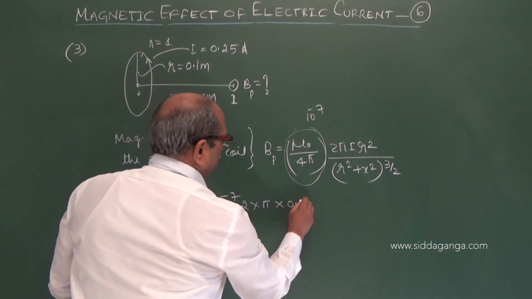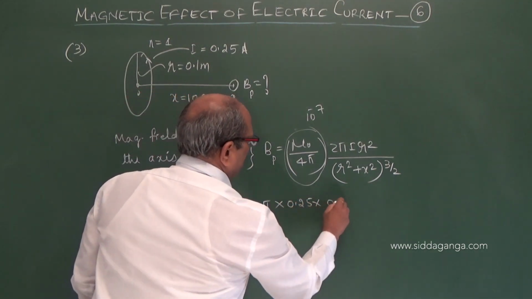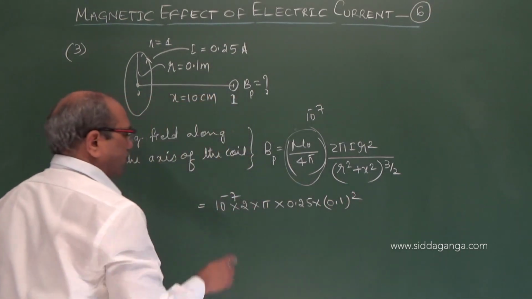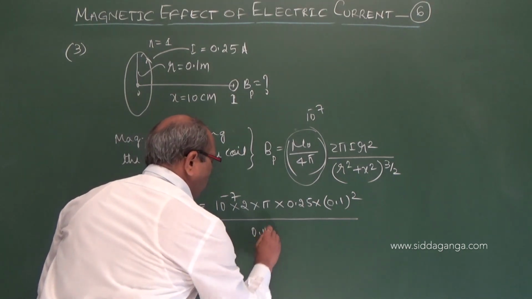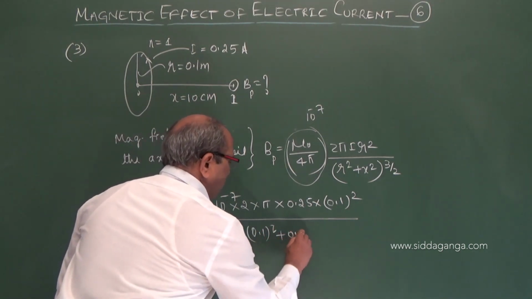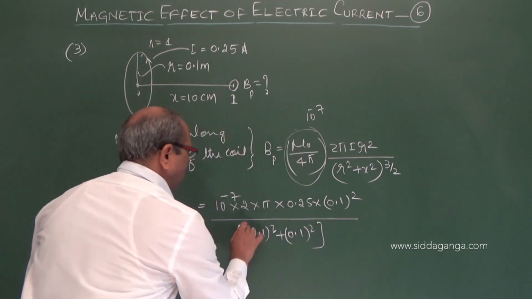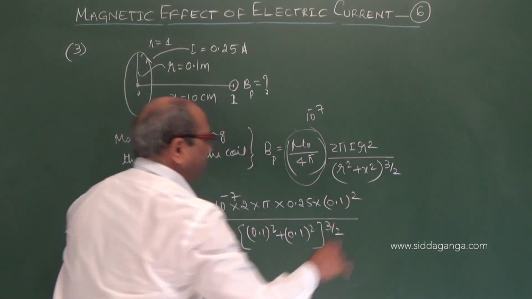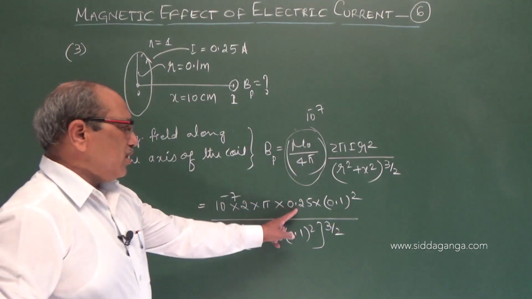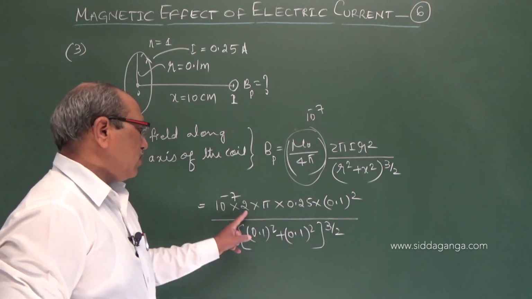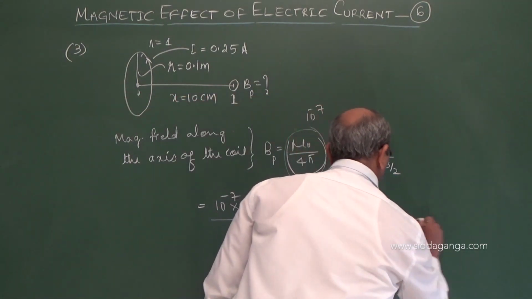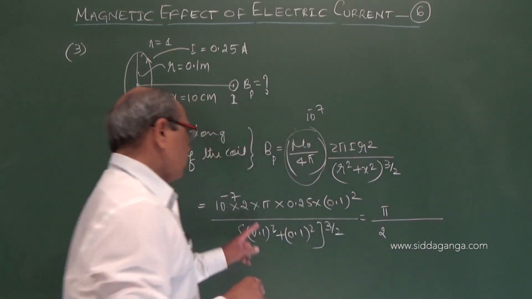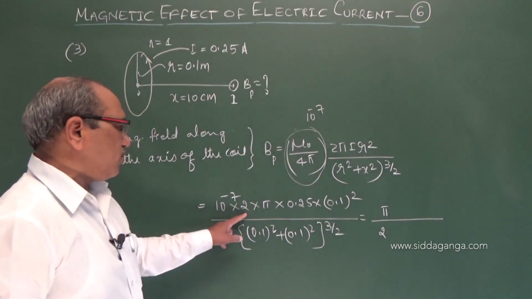Current is 0.25, 0.1 whole square divided by 0.1 whole square plus 0.1 whole square to the power of 3 by 2. So 0.25 is 1 by 4. Cancelling with this, I can write it as pi by 2.